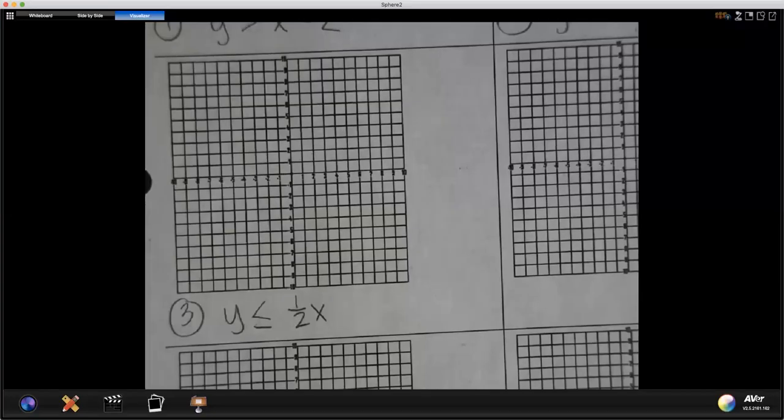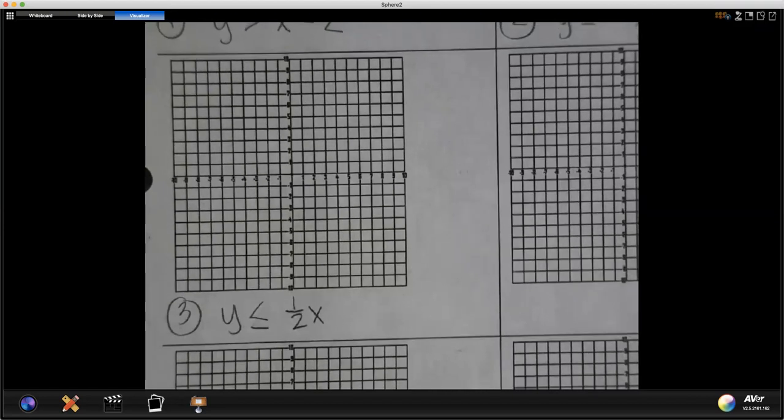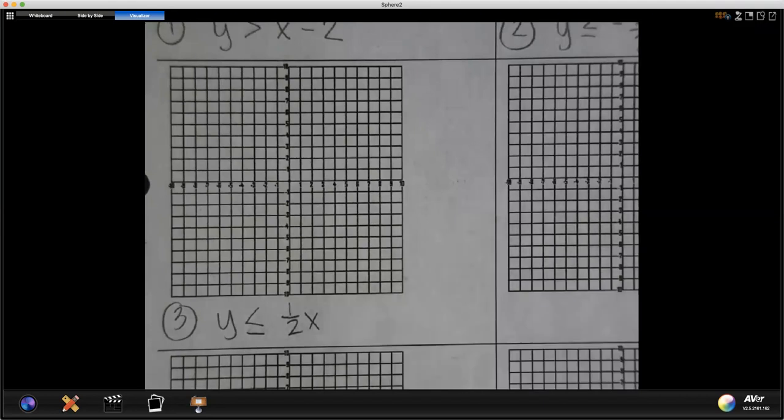All right, check with someone near you to see if your points match up. It looks like most people are getting some matching graphs based on just the communication I see.